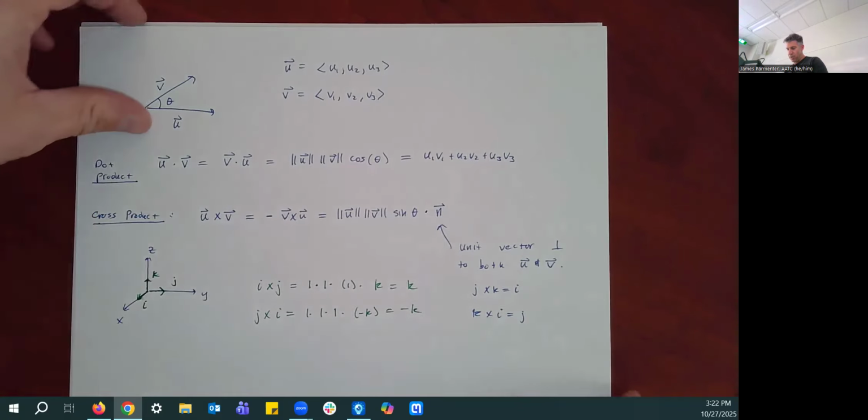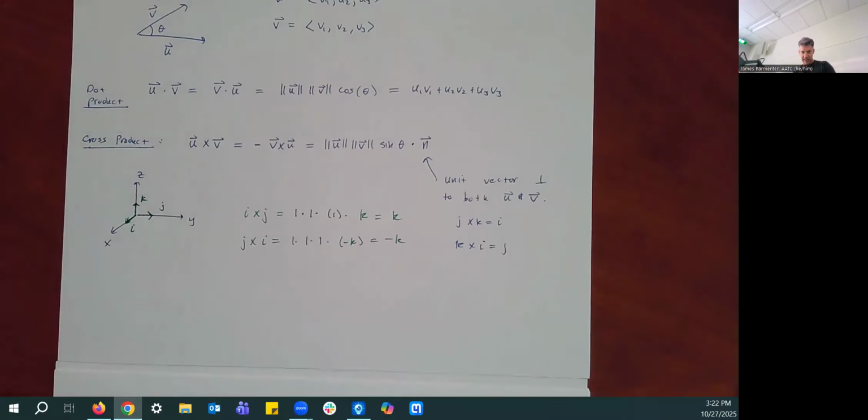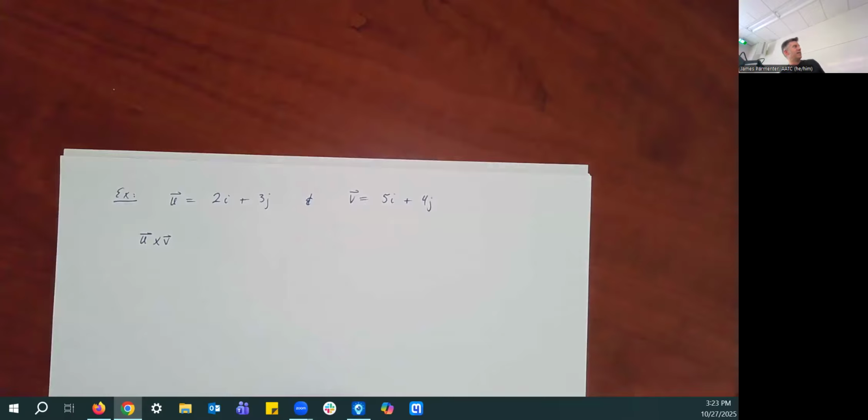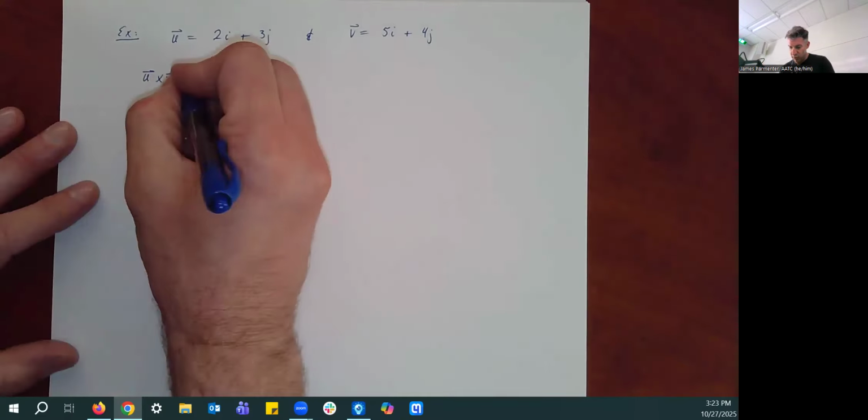So then we could use this to do something terrible, to find a cross product of vectors that are less nice. For example, if we say let u equal 2i plus 3j and v equal, say, 5i plus 4j, we're going to find u cross v by essentially just distributing across the cross product because it does have a distributive property.